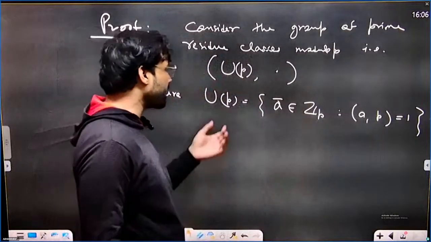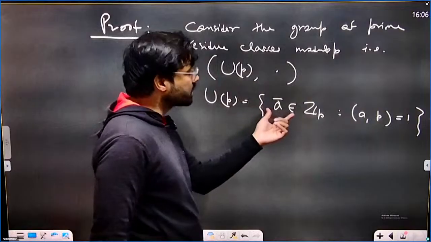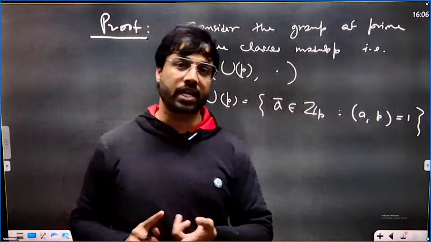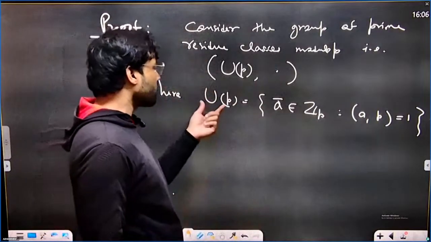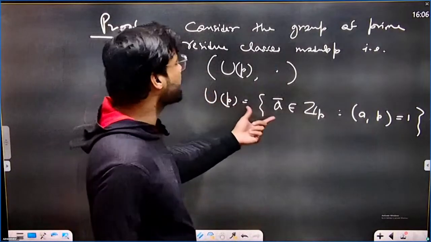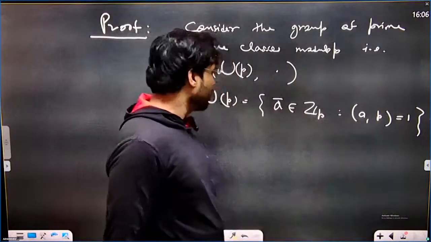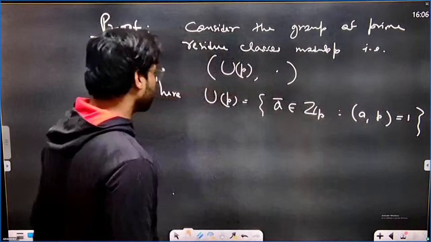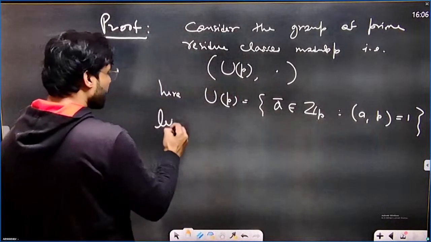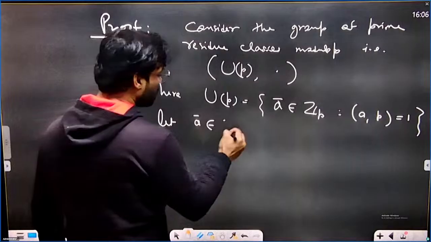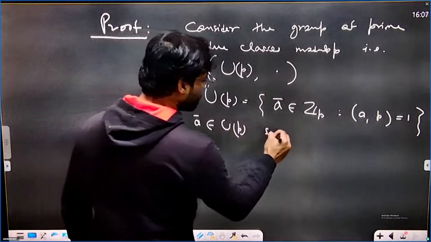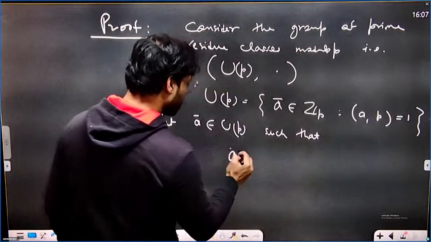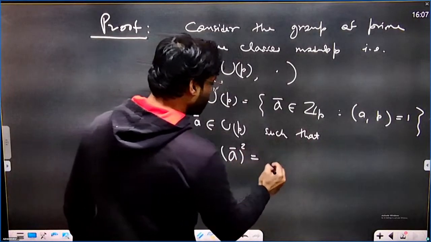It's a group, so it satisfies all the conditions: closure law, associativity, identity, and every element has an inverse. So we have to first find which elements are inverse to themselves in this group. So let a bar belong to U_p such that a bar square equals 1 bar.